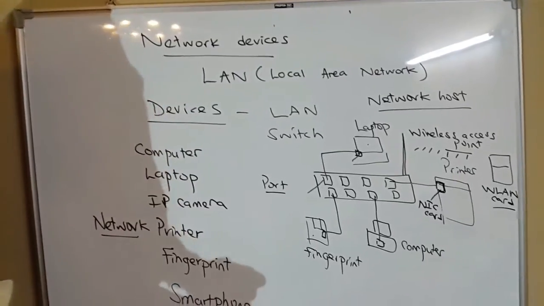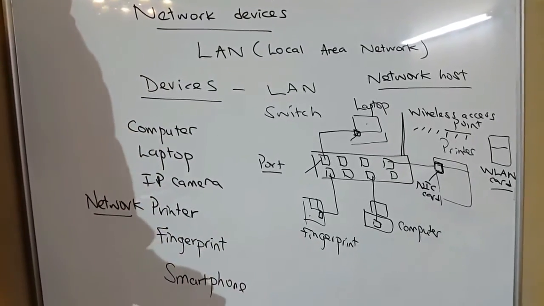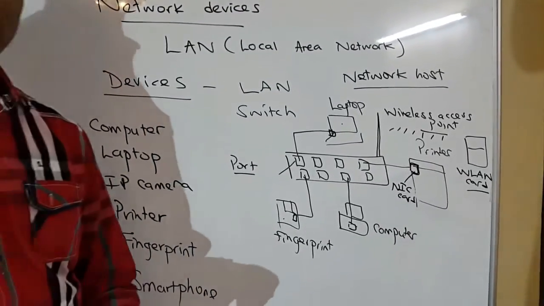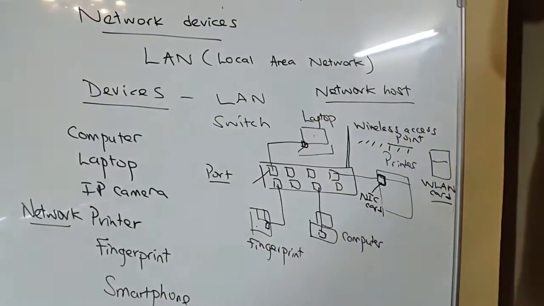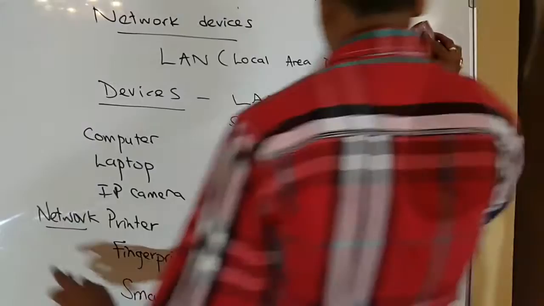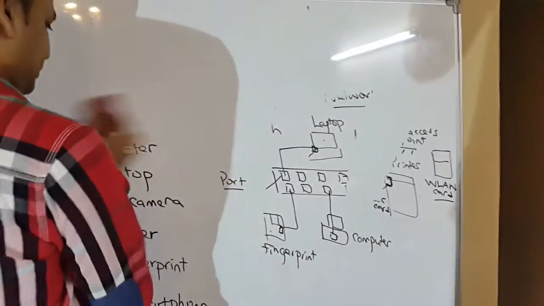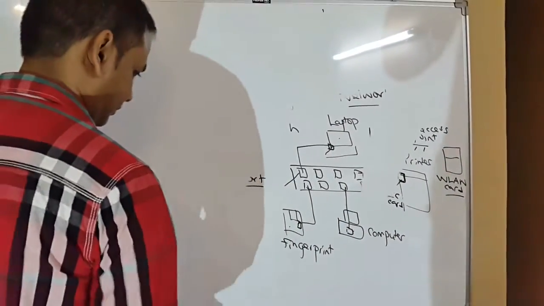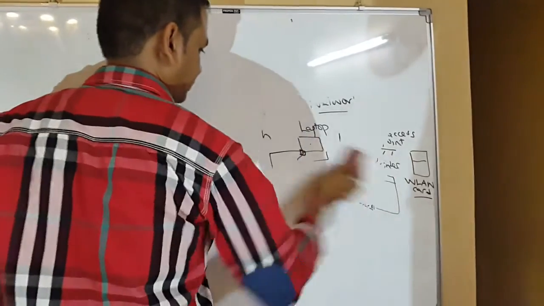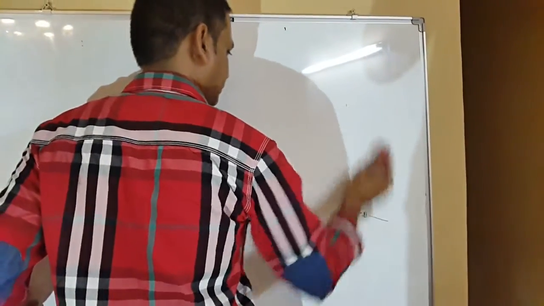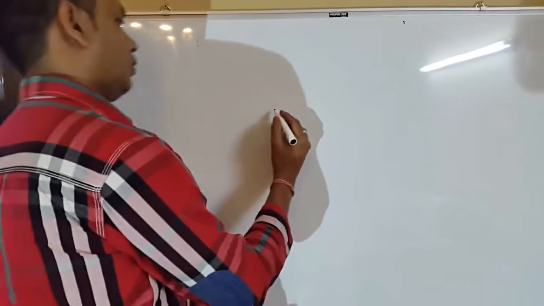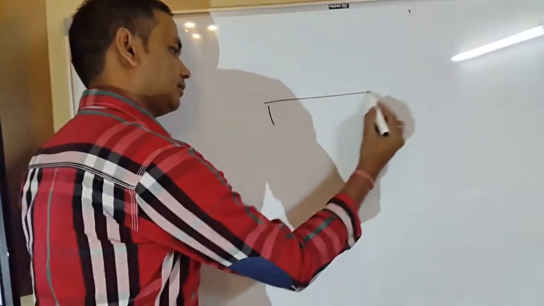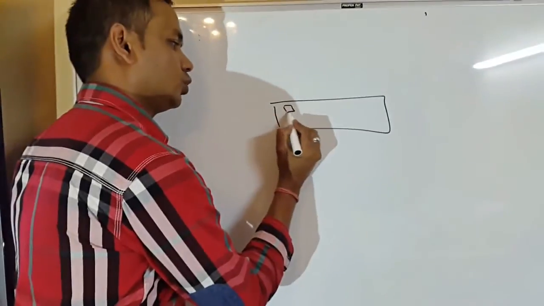Now I am going to explain to you how those devices are connected on a LAN. For example, you have your switch here. That's your switch.